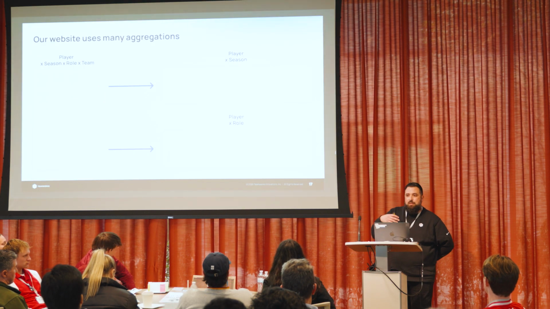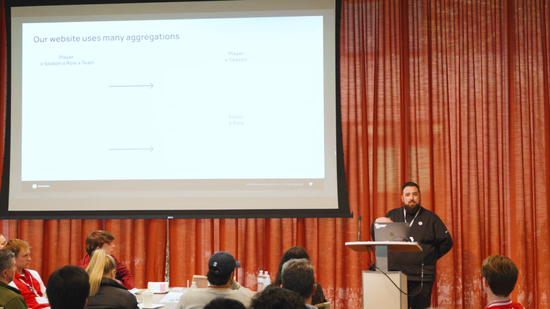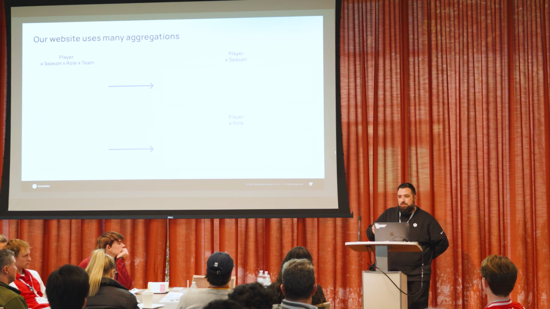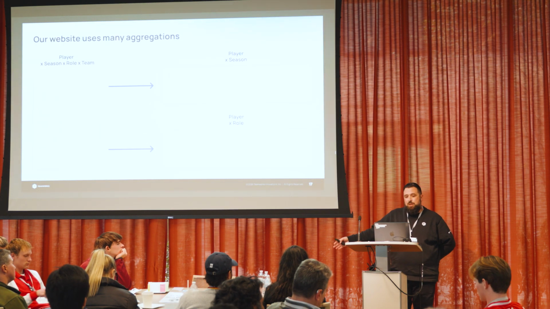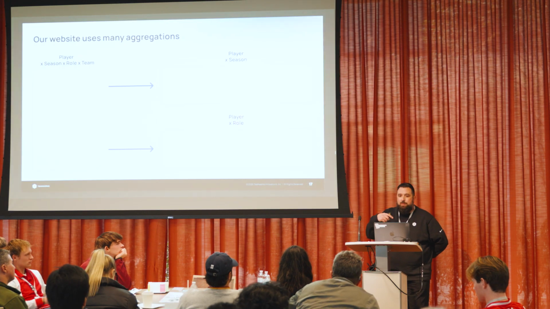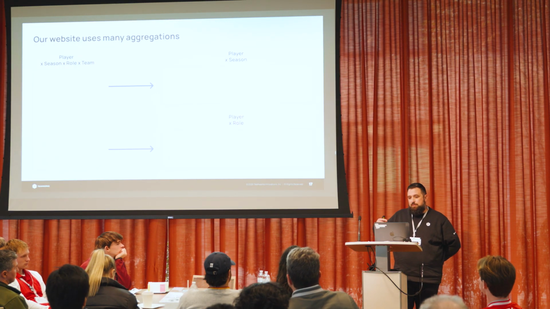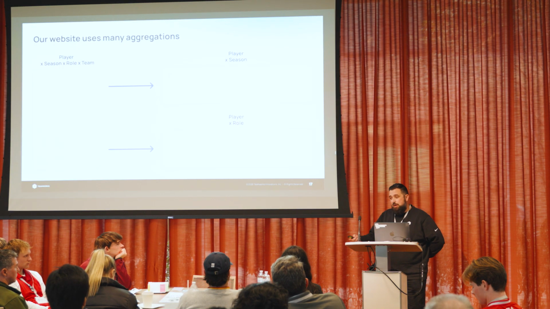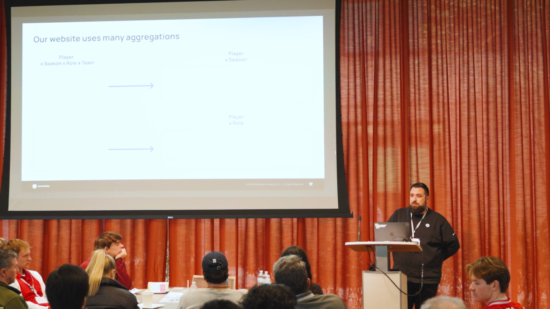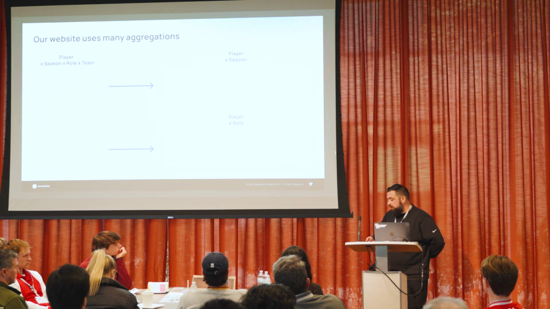I might want to see how they did in each season over the last whatever seasons. Somebody else might want to see how they did in each role. These types of data processing operations are not as well suited to Postgres as they are to DuckDB.